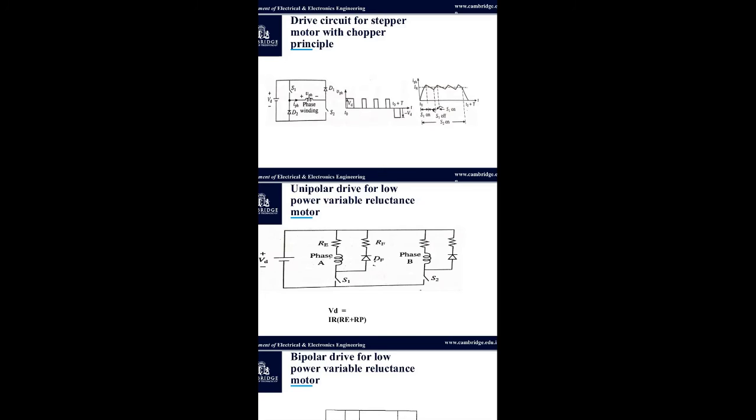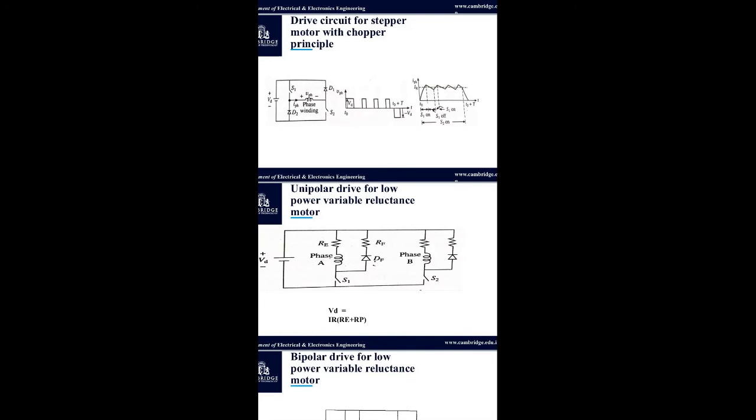When switch S1 is closed, phase A winding is connected to the DC source VD and the phase current builds up, and when it is opened, the phase current decays in the freewheeling path consisting of phase A, DF and RF. The external resistor RE reduces the electrical time constant, thereby speeding up the current buildup.